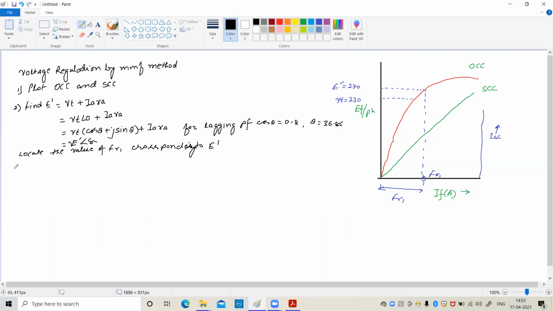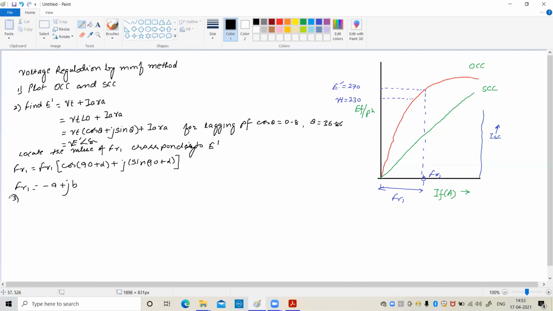So we can find in the polar form FR1 is equal to FR1 magnitude into bracket cos 90 plus alpha plus j sin 90 plus alpha. So by this way, we get some value, say minus A plus jB, in this form. We'll get the value of FR1. So this is the second point.